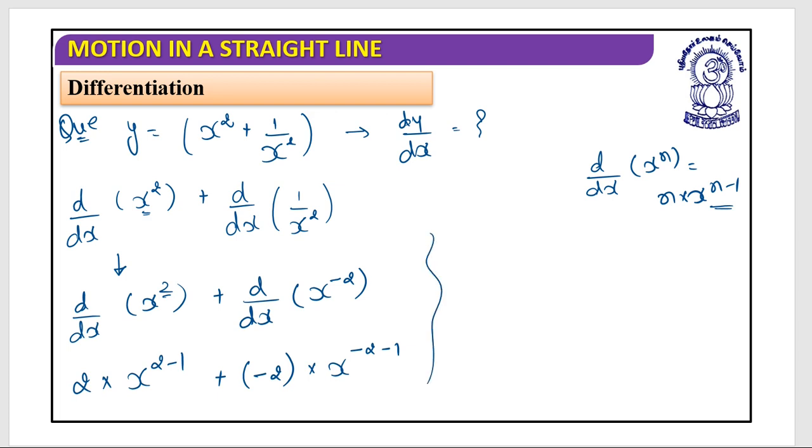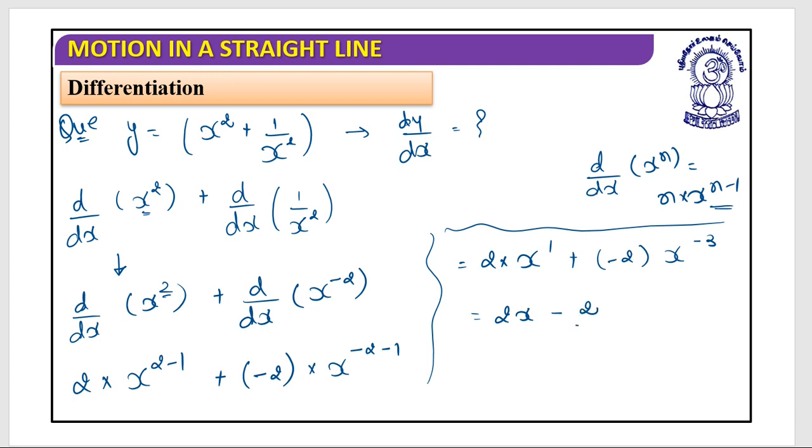So now if I solve this, it is 2 into x to the power 2 minus 1, that stands to 1, plus minus 2 into x to the power minus 3. So this is 2x minus 2 divided by x cube. This is the value of dy by dx. Got it?